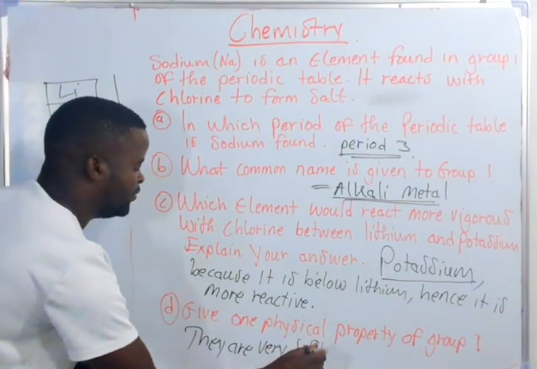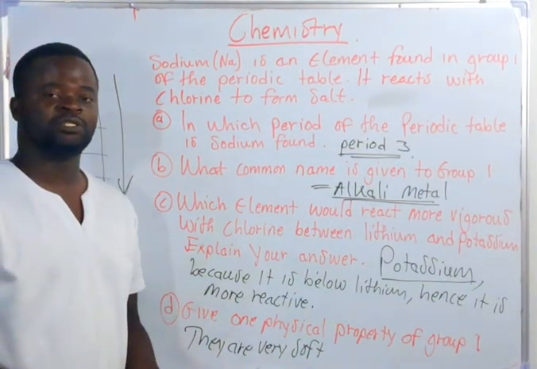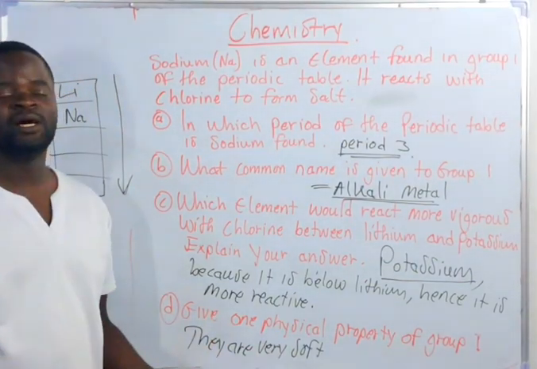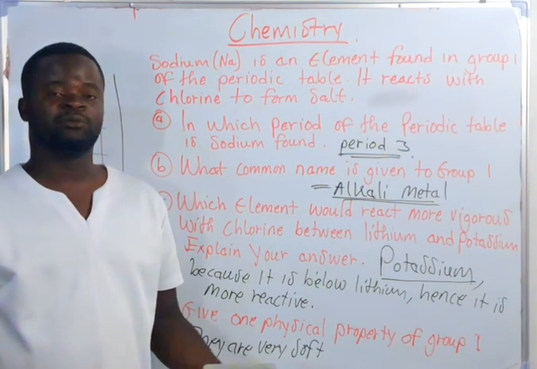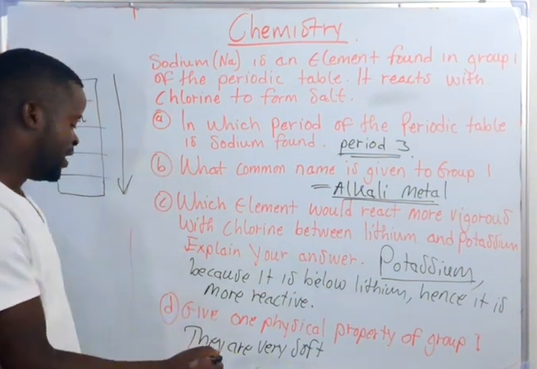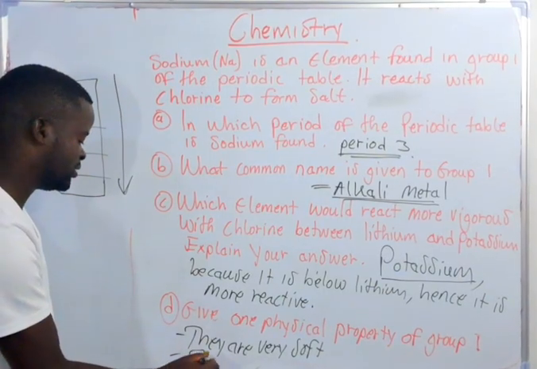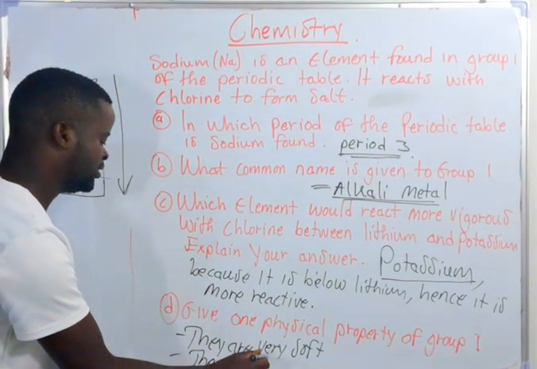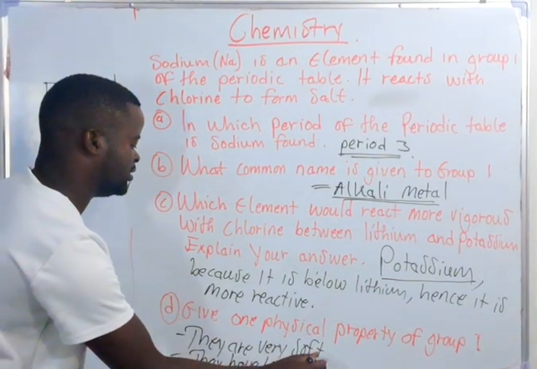They are very soft, and you can cut them using a razor blade, sometimes a knife. Apart from this, they have low densities. So we can say it in this way.